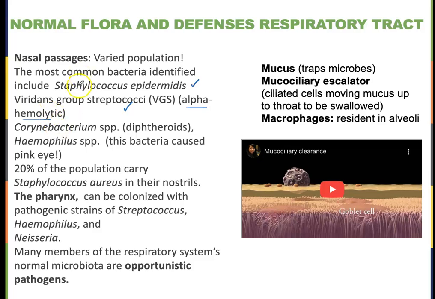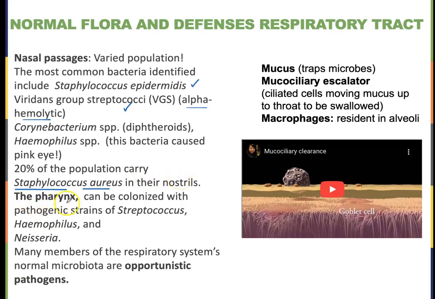There's something else called Corynebacterium. This is something we're going to talk about with diphtheria. That can be found as normal flora. Haemophilus, remember this was the bacteria that caused pink eye. It can also cause infections of the respiratory system. And our star pathogen, right, Staphylococcus aureus, 20% of the population carries that in their nose.